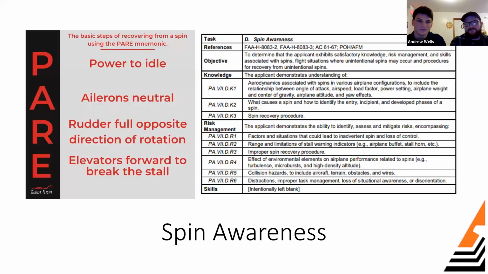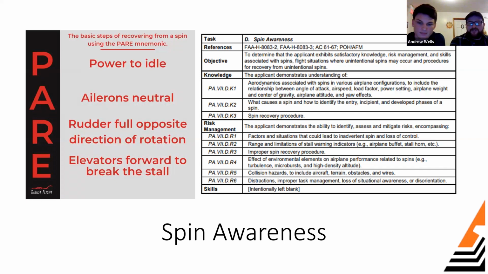All right. Anything else? We're good on that. All right, go on to spin awareness, since we started talking about spins. They're not going to make you do a spin on your private pilot check ride. But they do want you to be aware of what a spin is, how it can develop, and more importantly, just like with stalls, it's more important to know how to get out of a stall than to get into a stall. Yes.